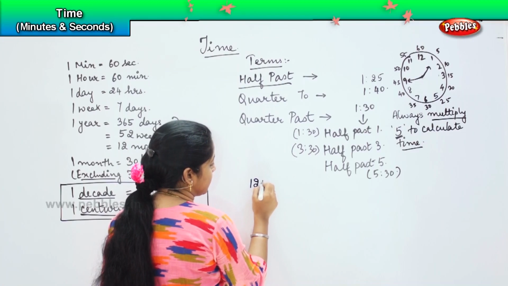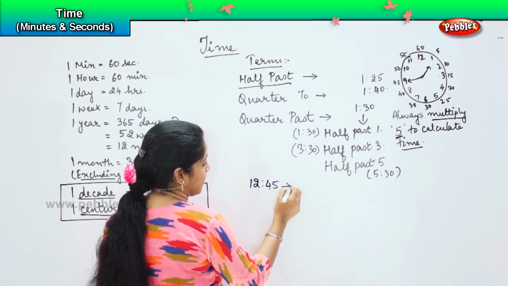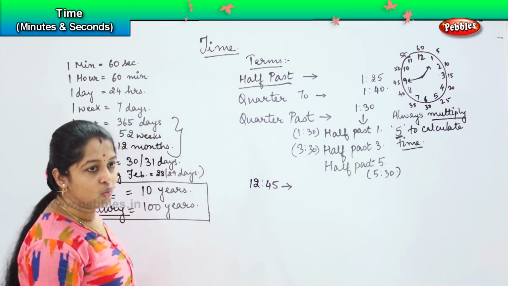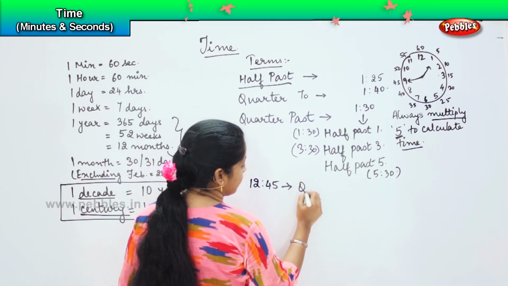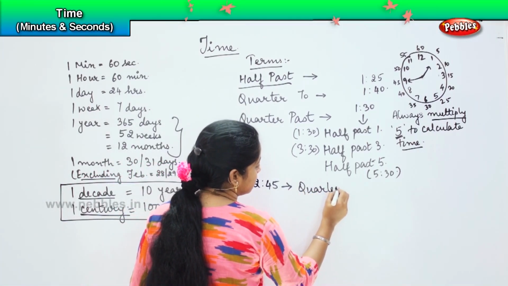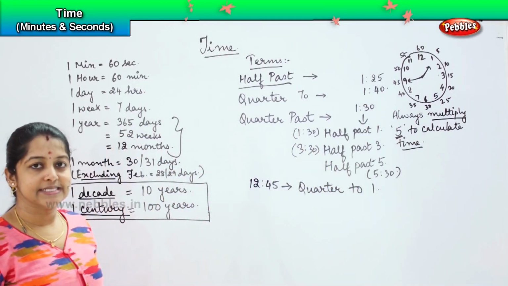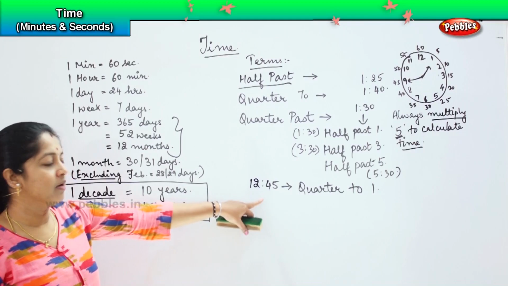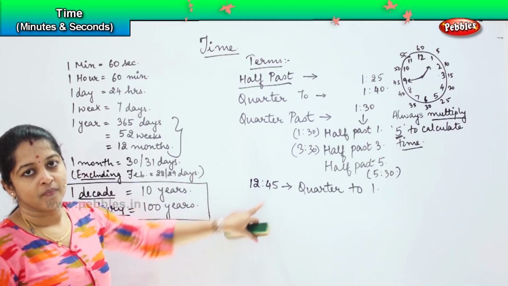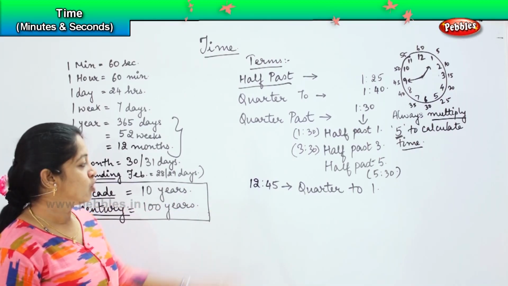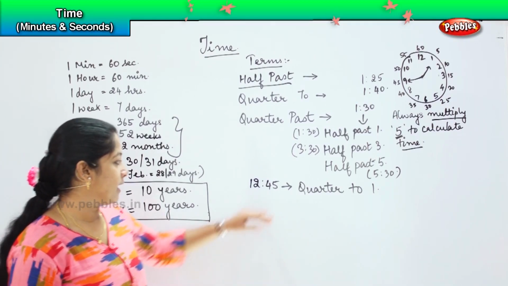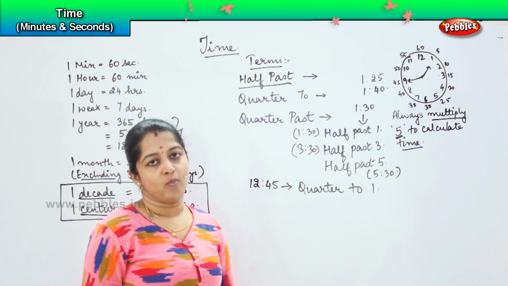You will write it as 12:45. Okay? So, you can write this as quarter to 1, which means that still there are 15 more minutes for 1 o'clock to go. Yes? So, quarter to 1 means in another 15 minutes it will become 1 o'clock.